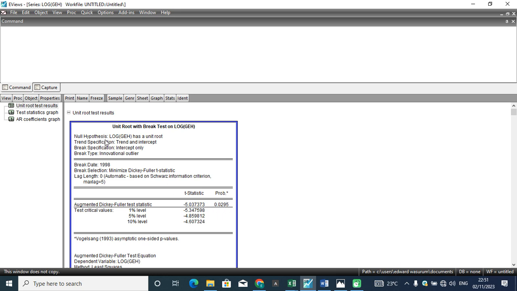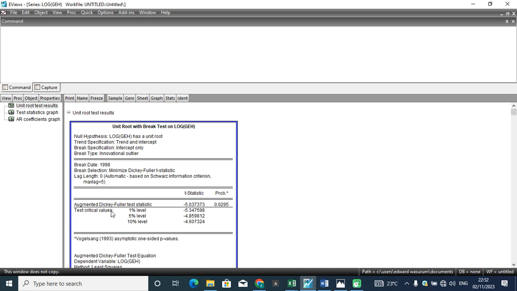For it to be rejected, the p-value needs to be less than 5%. With what we have here, the p-value of government expenditure on health is less than 5%, so we assume that this series does not have a unit root problem.